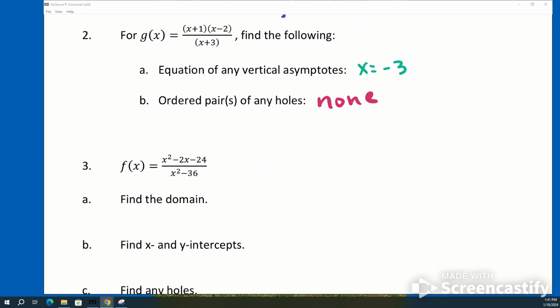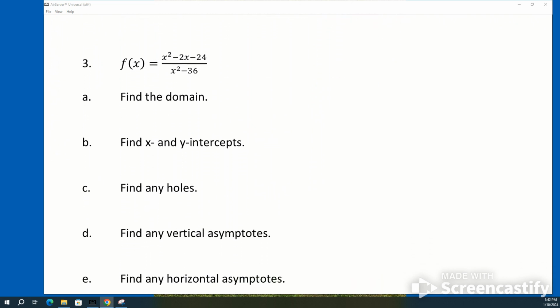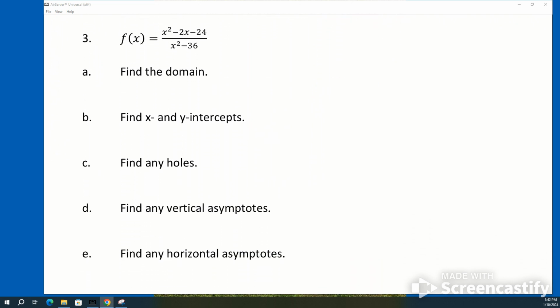All right. And then this last one, we're going to do all the things. So hopefully you're going to remember it all. I'll remind you though if you don't. So start off by factoring it. You guys can do that on your own.